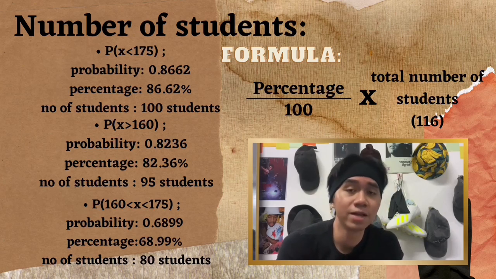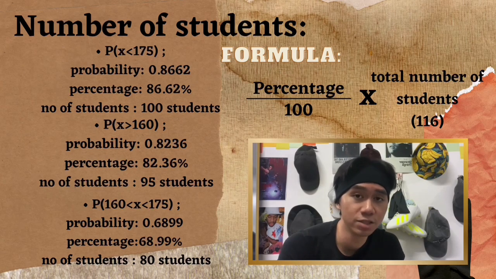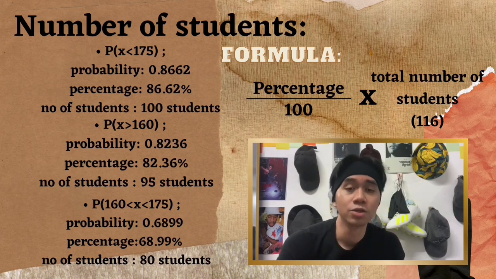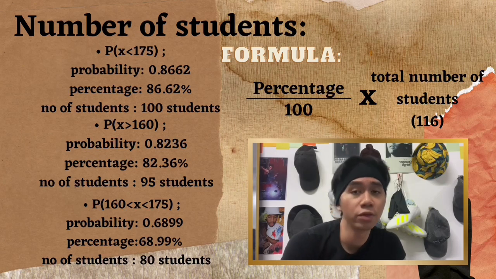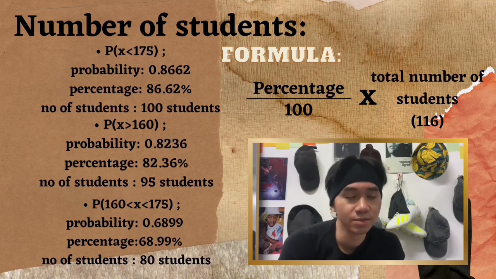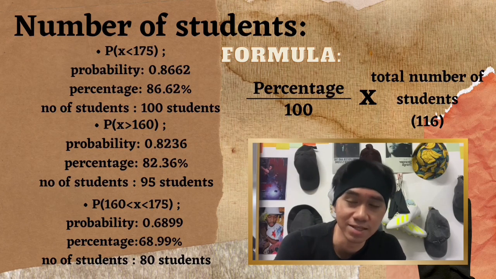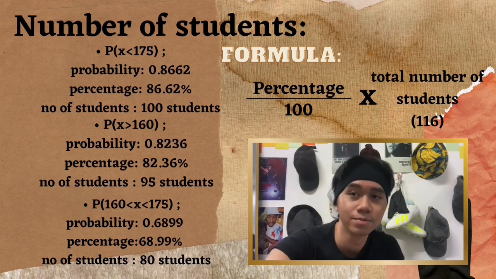From there, multiply 0.8662 with 116 students and we'll get 100 students in total that have height less than 175 centimeters. So, we have to apply the same formula for both of the other ranges and you will get the number of students for both of them. So in conclusion, the formula is percentage over 100 multiplied by total number of students, which is 116 based on our survey.